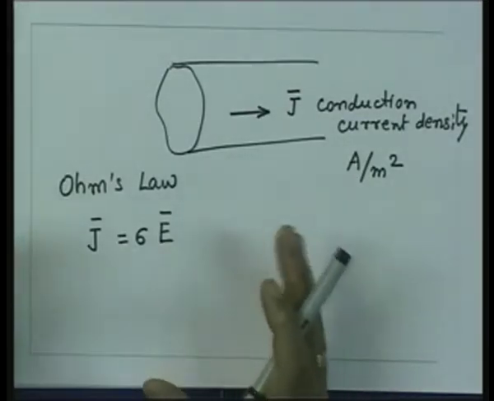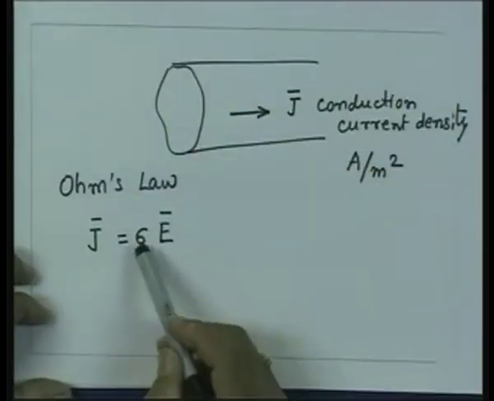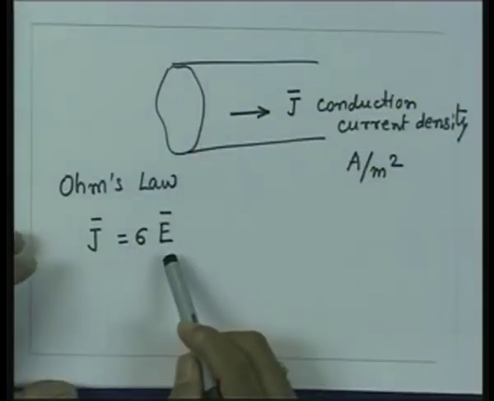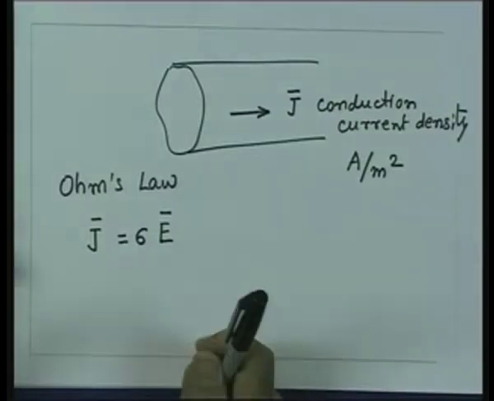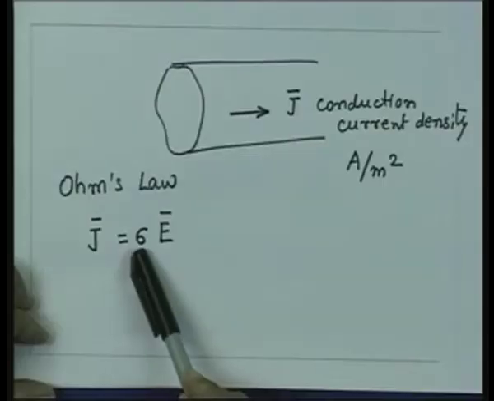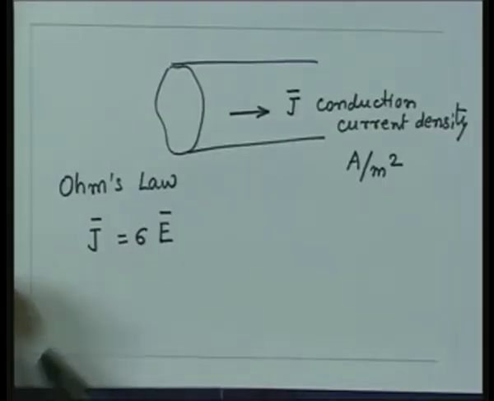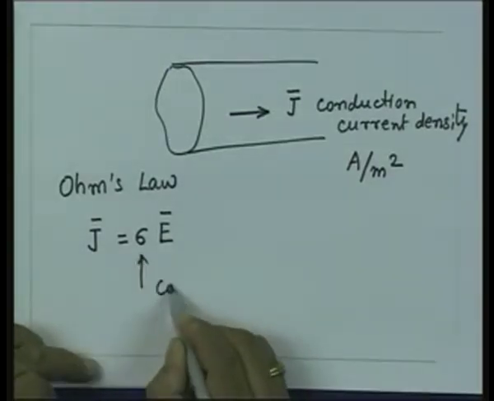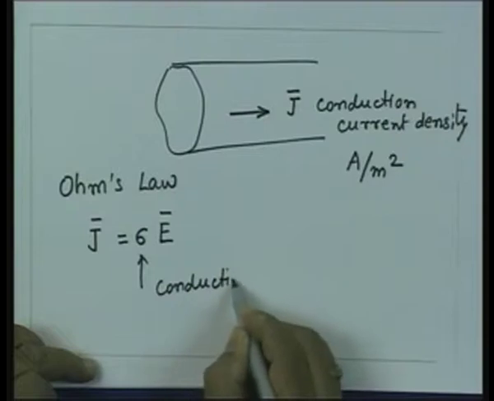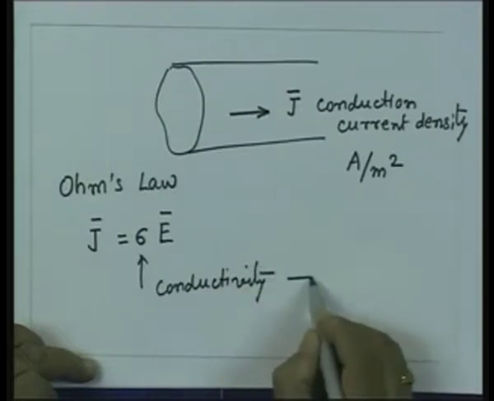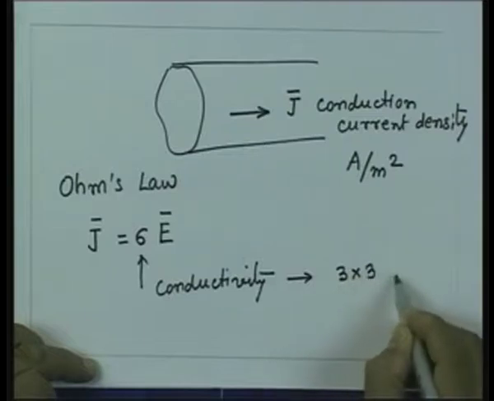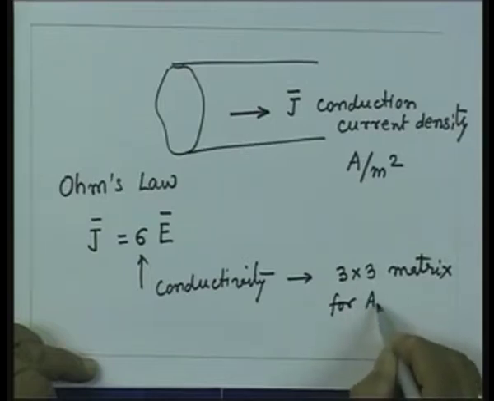So, if you take an isotropic medium, then the quantities mu r and sigma are scalar quantities, whereas if the medium is anisotropic, that means the properties of the medium depend on the direction, then in general mu r will be a 3x3 matrix, and the conductivity sigma will be a 3x3 matrix.